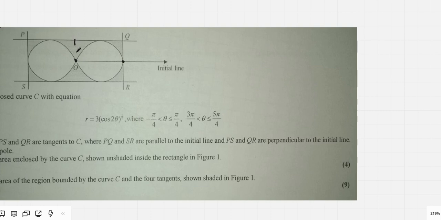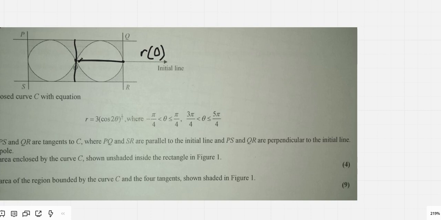By symmetry, if I draw this line, this length is half of PQ, and this length corresponds to r of 0, because the initial line is when theta equals 0, because theta is the angle that your vector or coordinate makes with the positive x-axis.